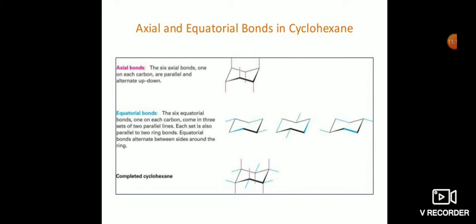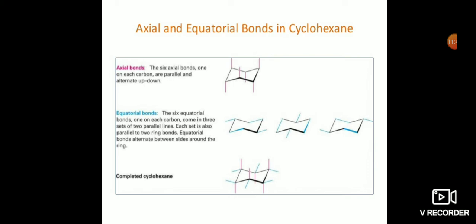Means you can see here the structure, and carbon number 3 and carbon number 6 has parallel lines. So if we draw a long line passing through it, then both lines are parallel, and you can see it in the structure also. Each set is also parallel to ring bonds.